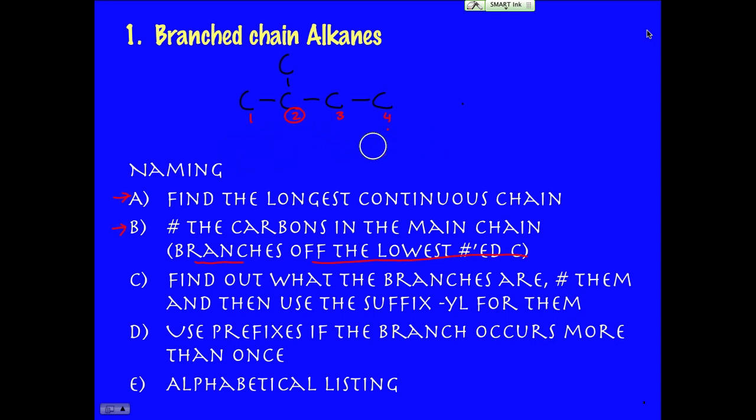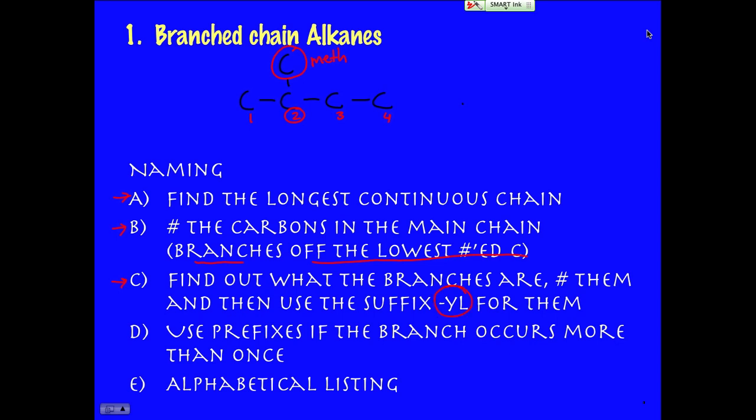So here's my start here. So I've found the longest chain. I've numbered the carbons, so that's the main chain. Now I'm going to find out, this is the third part here, find out what the branches are. How many carbons in that branch? 1. So that's a meth, right? Meth is 1.